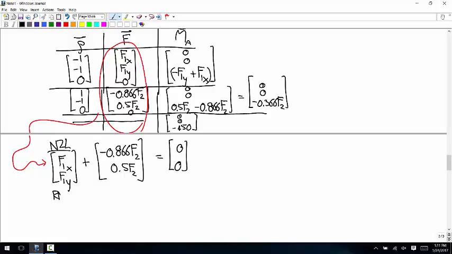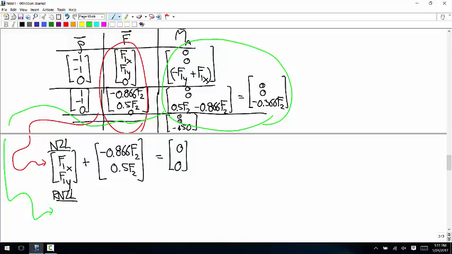And now for the moment equation, I'm going to take all of these vectors and add them up and set them to 0. So we have negative F1y plus F1x minus 0.366 F2 minus 450 is equal to 0.